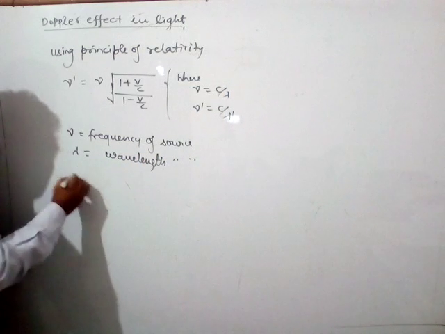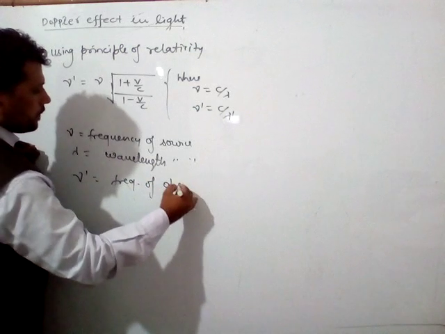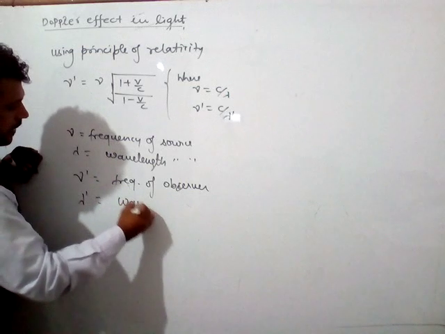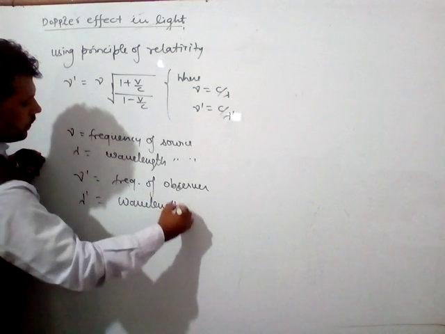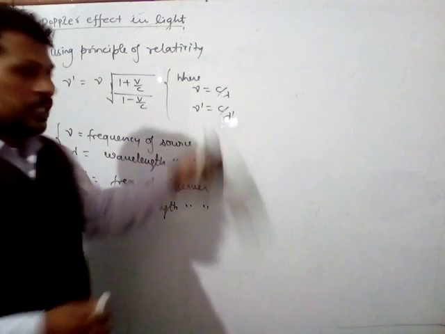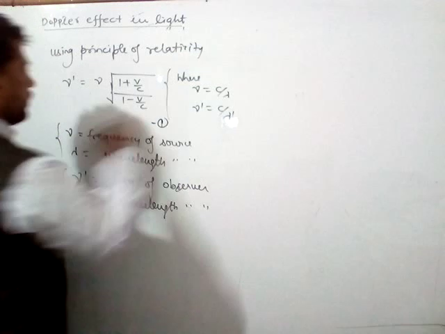In the same way, nu dash equals frequency of observer, or lambda dash equals wavelength of observer. Okay, now putting this value in this first equation.